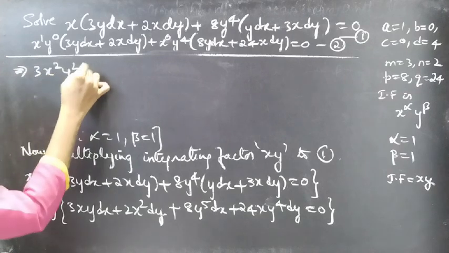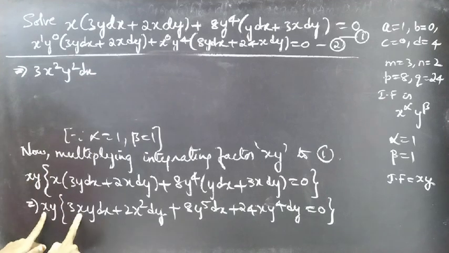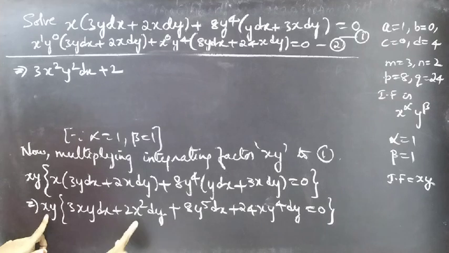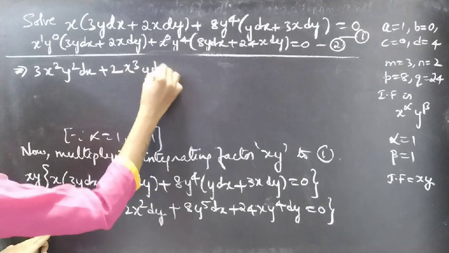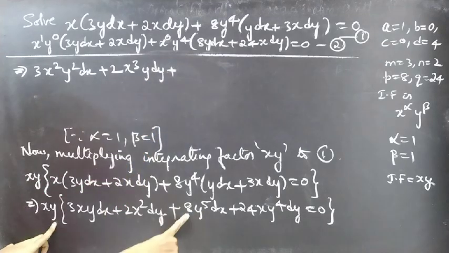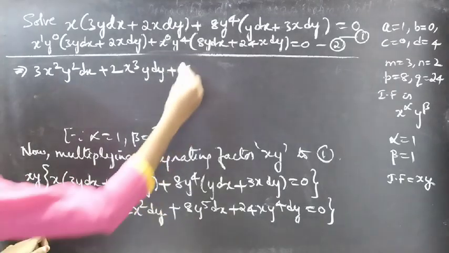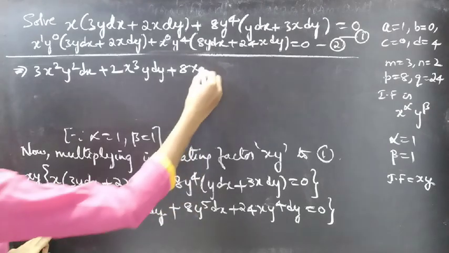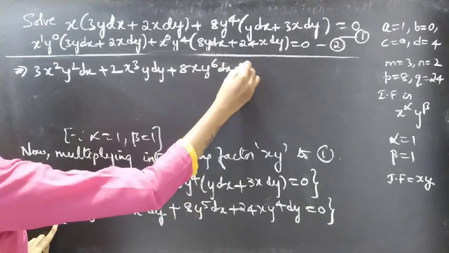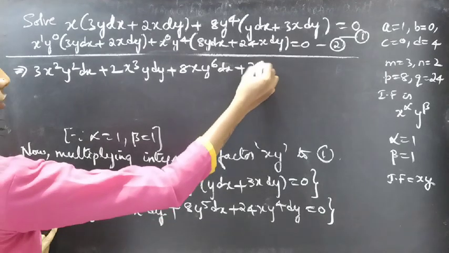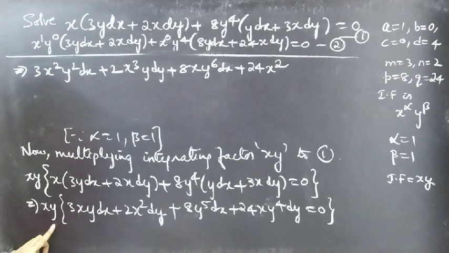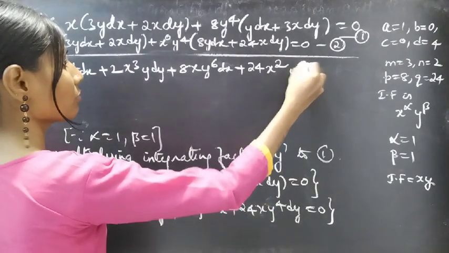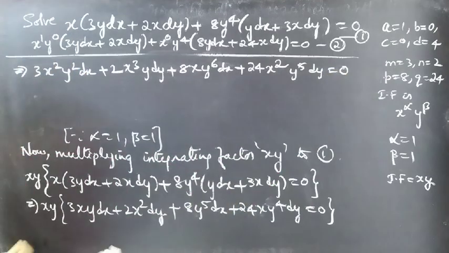Which gives us 3x square y square dx, that is 3x into x square, y into y square dx, plus 2x into x square, x cube y dy, plus 8x y into y power 5 is y power 6 dx, plus 24x into x square, y into y power 4 gives y power 5 into dy equal to 0, right?